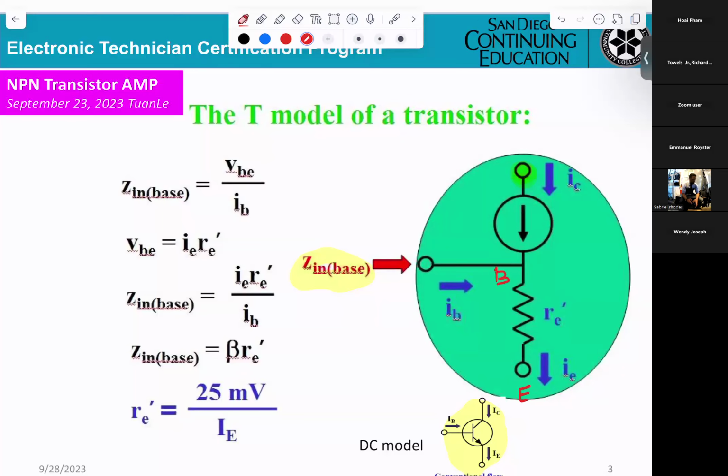And a collector here. Who's telling me the difference? That's what they're using, the T model.